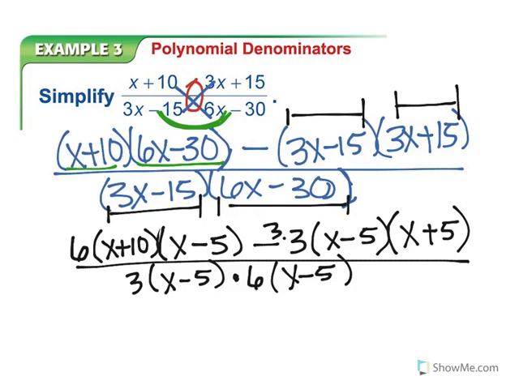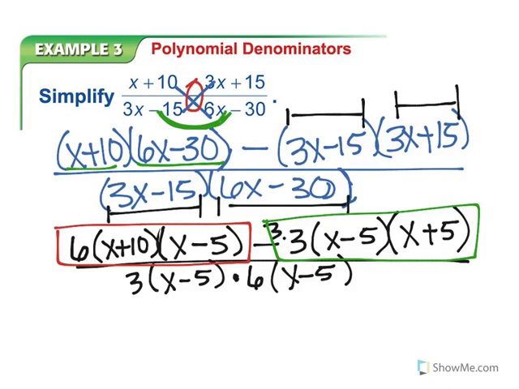All right, now we're going to do some canceling. We want to cancel whatever's the same in all 3 places. What I'm talking about, the 3 places: the red box is one set, the green box is one set, and the orange box is going to be one set. If you have a factor that's the same in all 3 places, you can cancel it.